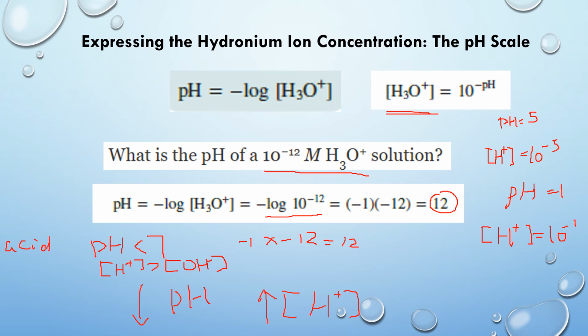For a base, the pH is greater than 7, so the hydroxide concentration is greater than the proton concentration.